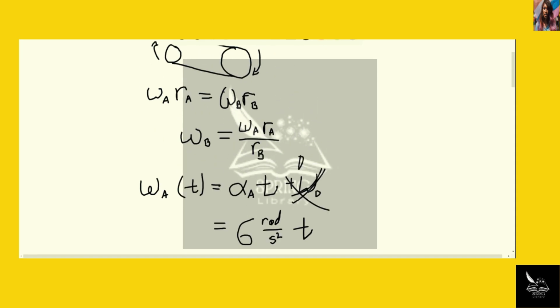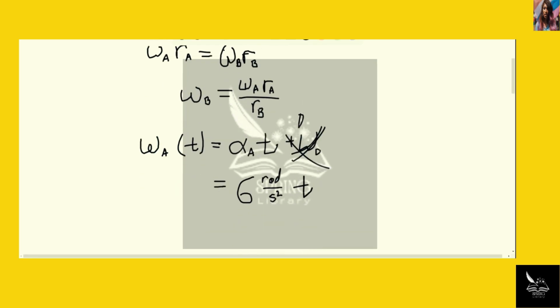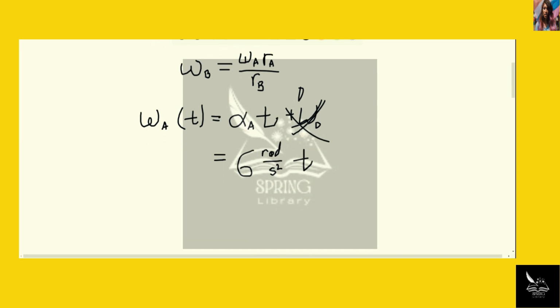So we're going to say that the angular velocity of shaft B at any time equals what's the angular velocity of shaft A? 6 radians per second t, multiplied by RA over RB.